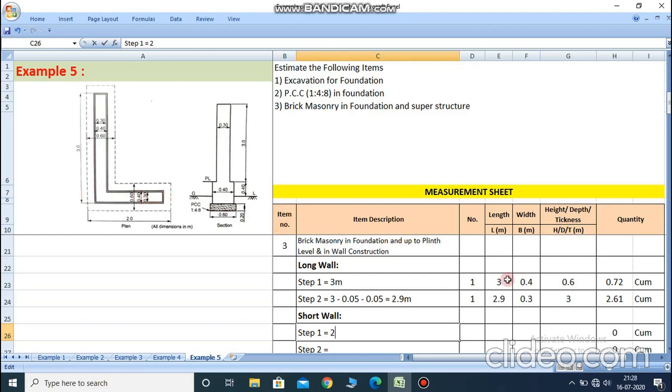So 2 times minus 0.1 minus 0.1. Clear? Then we subtract the 0.4 meter width from this corner point to this point, because this part is already calculated in the long wall. So here also we subtract 0.4.